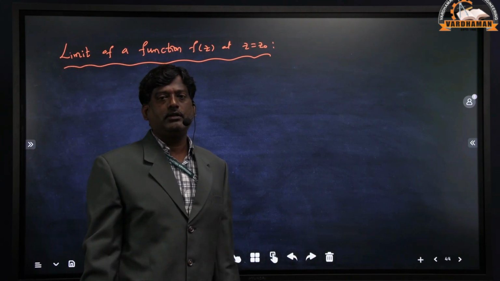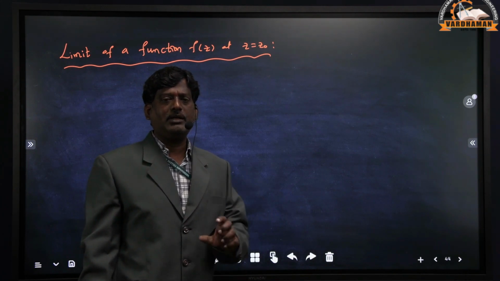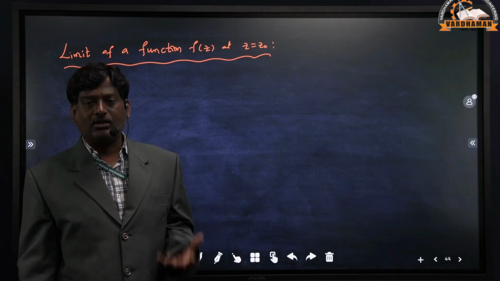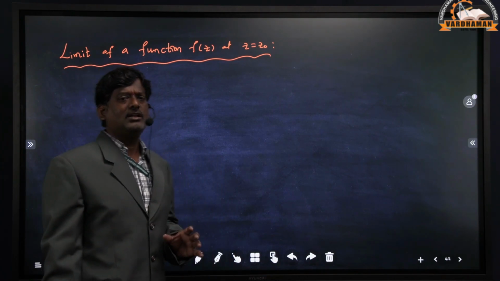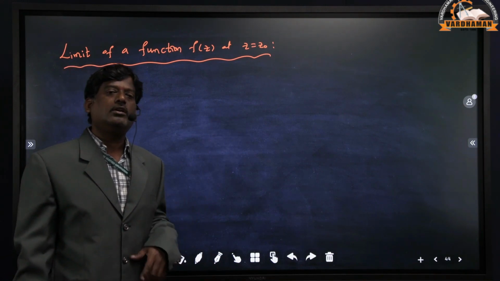This is similar to the real theory, but there we consider real numbers only, and here we consider complex numbers. The definition is almost similar; wherever you take the real number, just take the complex number here.